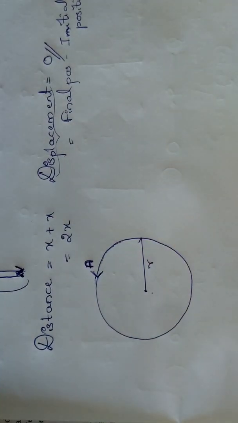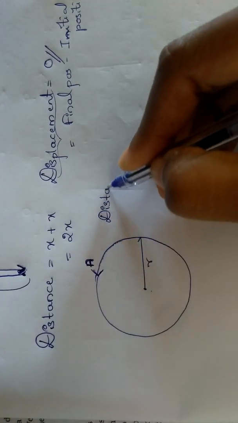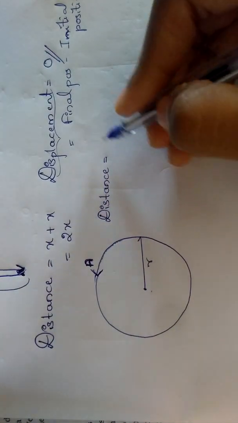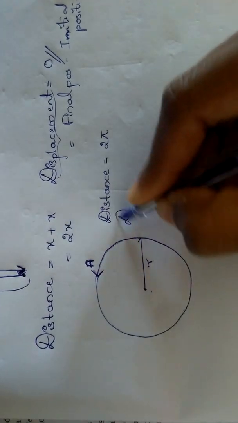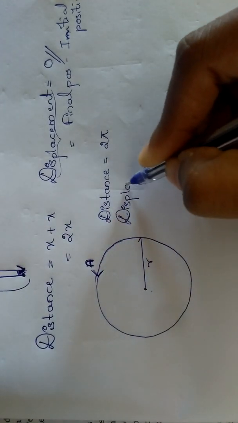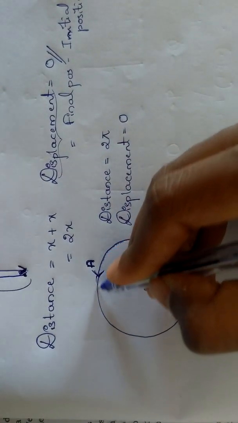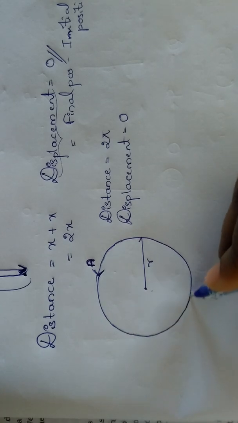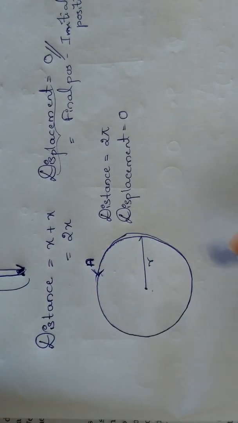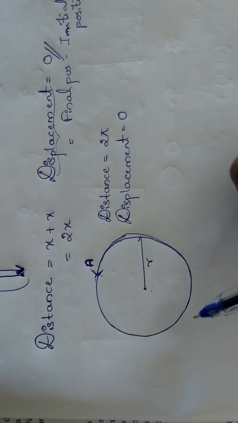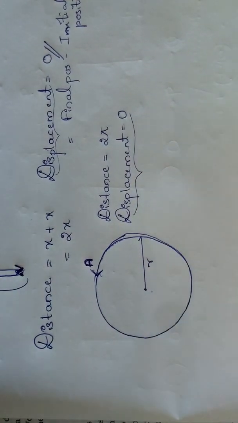If this moves in a circular path, the distance will be 2 pi r. If you check the displacement, it will again be 0, because the body went all the way around and came back to the initial position. Since initial and final positions coincide, the displacement here is 0.